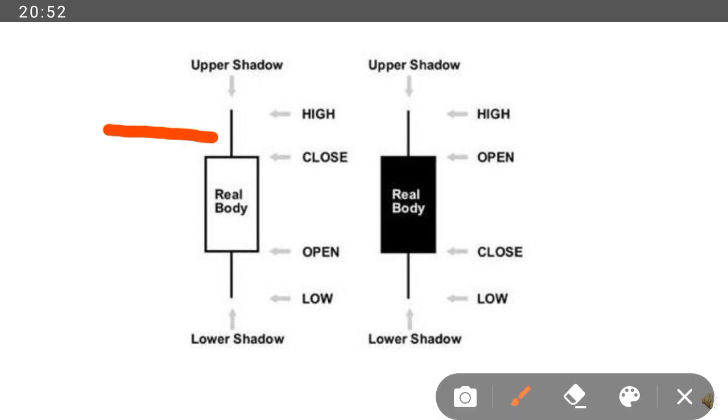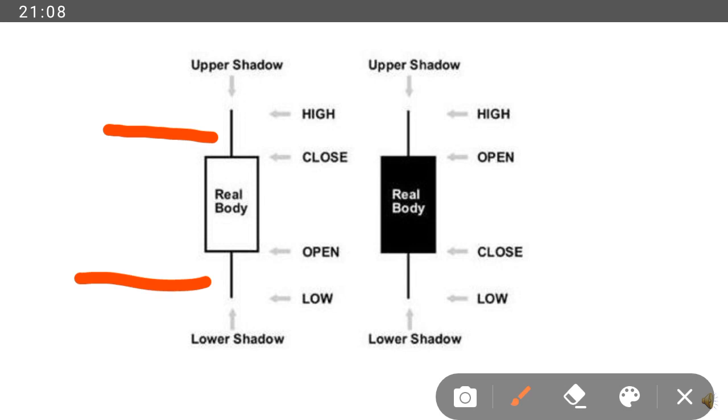Some people call it wick. You can also call it wick. The one up is the upper shadow, while the one down is the lower shadow.